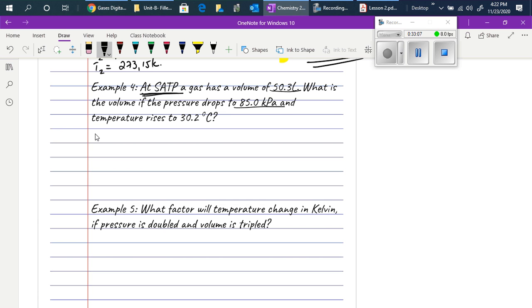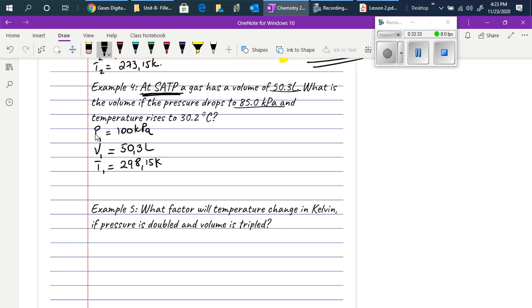So now we are at SATP conditions, which means that pressure 1 is 100 kilopascal. Volume 1 is given as 50.3 liters, and temperature 1 based on SATP conditions is 298.15 Kelvin.